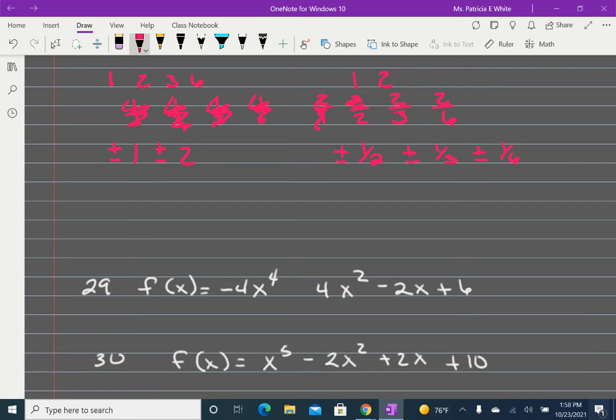I already have that. 2/3. 2 over 6 is 1 over 3, so I already have that.